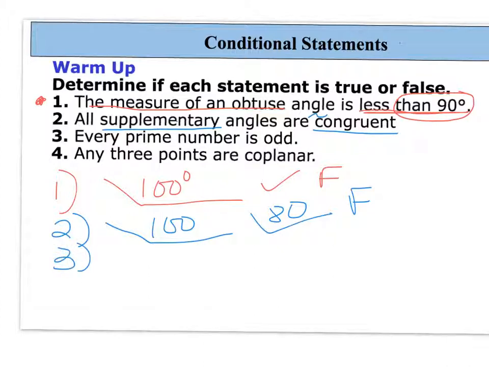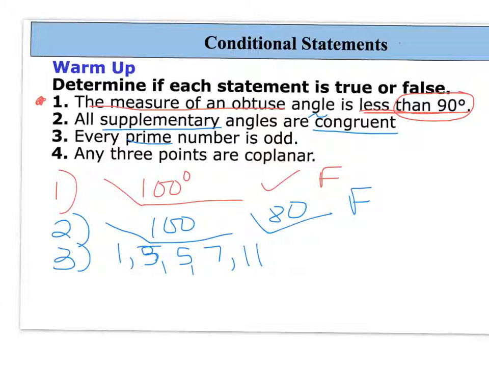Here's an algebra one, not a geometry one. Every prime number is odd. I know you know prime numbers are numbers where the only numbers that can go into it evenly are itself and 1. A lot of kids think, okay, 3 is prime, 5 is prime, 7 is prime, 11 is prime, and you might say all those are odd numbers, so that's true.